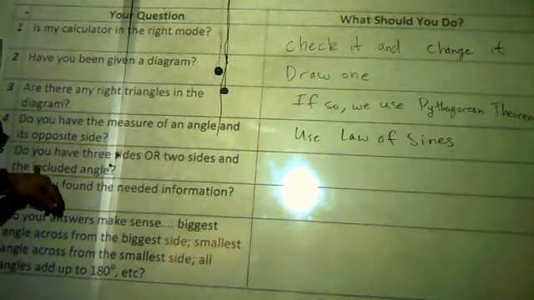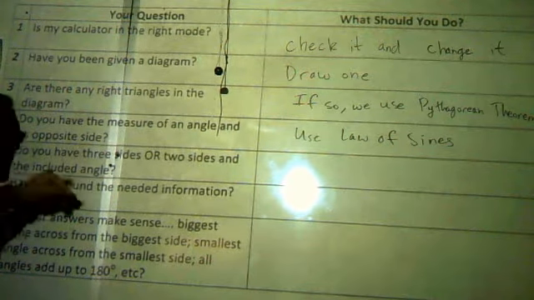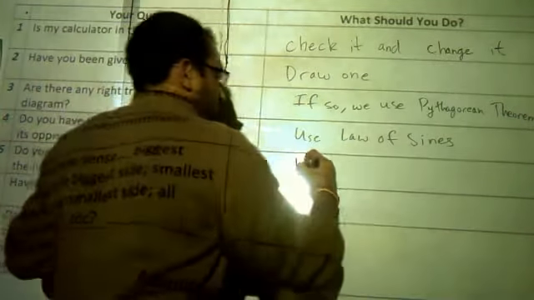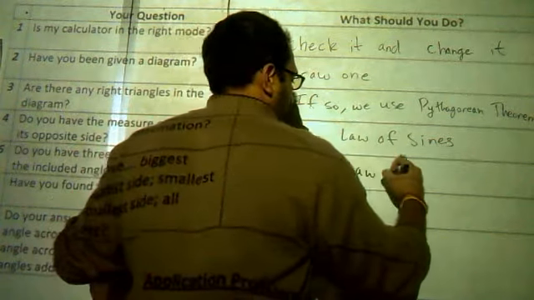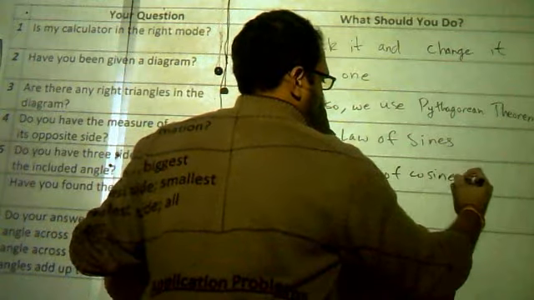But then you're asking, what if we have three sides or two sides and the included angle? You know that you're going to use the law of cosines.